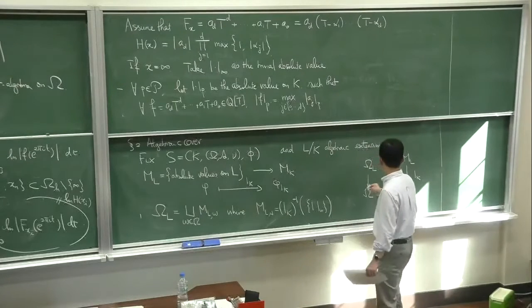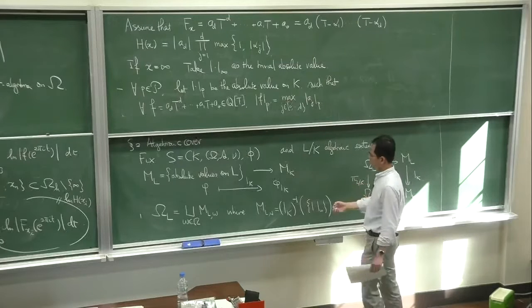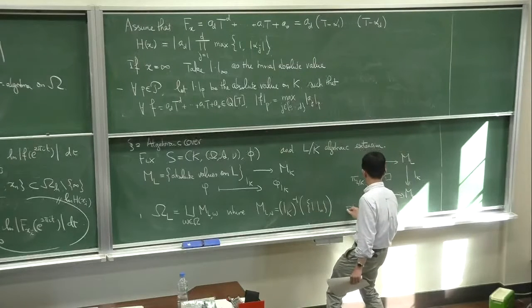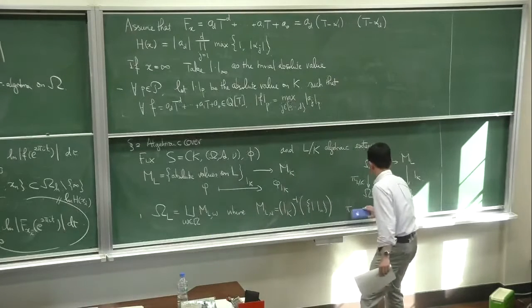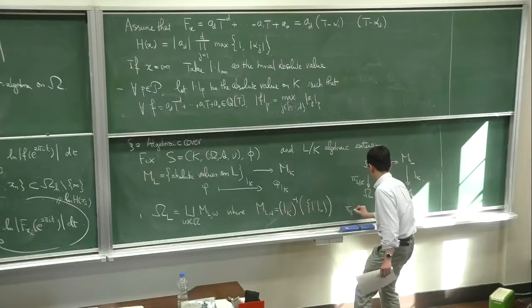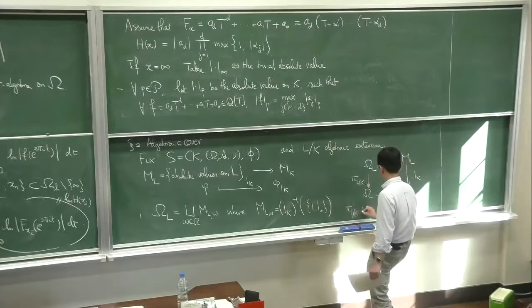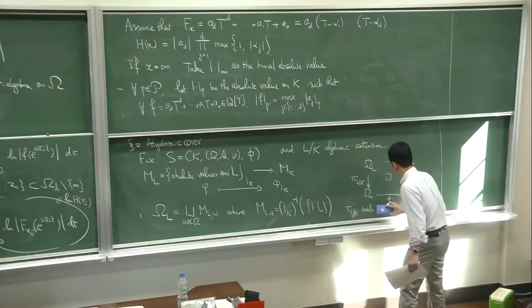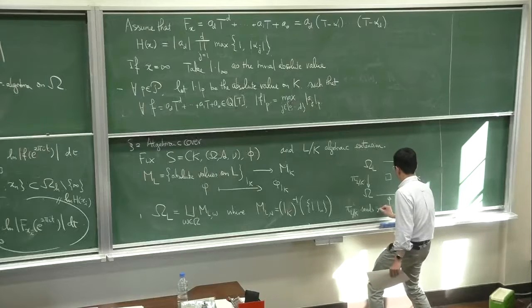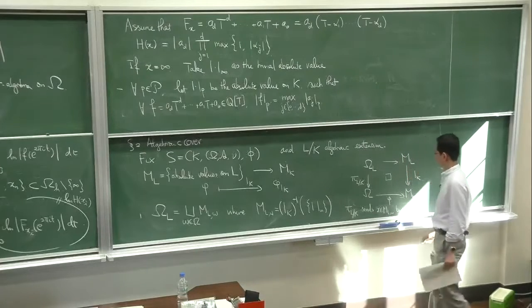Then you have a projection here, pi_{L/K}, which sends every element x in M_{L,omega} to omega.